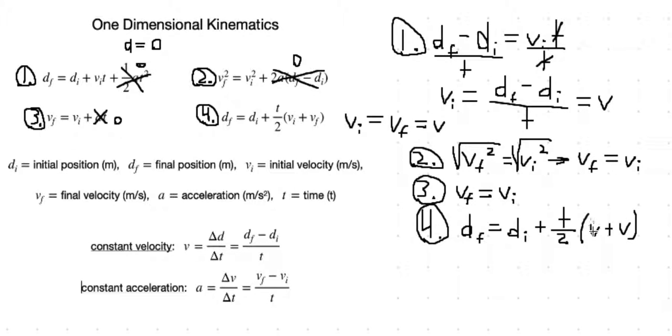So we're going to get v plus v here, which is going to give us 2v. So then these 2's cancel. And now we want to solve for v to get in the constant velocity form. So we can just subtract di from both sides.